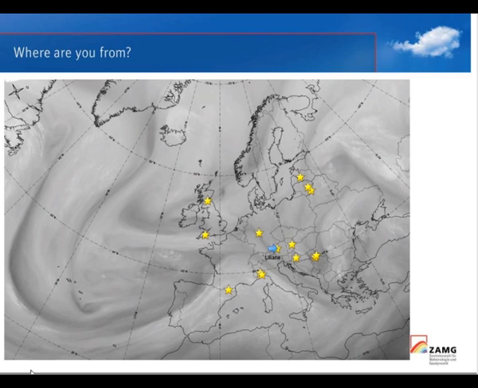Okay, so if there is anyone who is coming from outside of Europe, you can put a star over here so that I know that you're not in this location. Someone from Russia, from Hamburg, so really nice. So people from all over Europe.